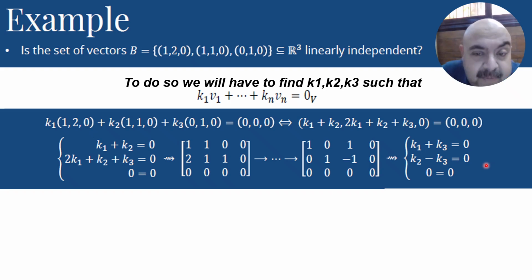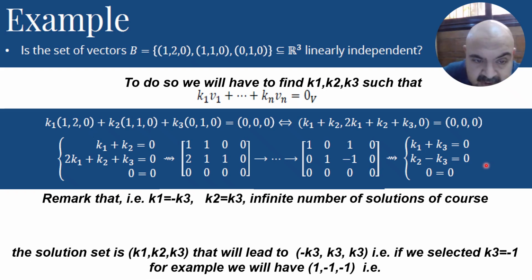So it's a linear relation between these coefficients. K1 and K2 depend on the value of K3. So simply, if I choose K3 to be equal to any number like -1 or something, I will have this combination of coefficients of vectors. So K1 is equal to 1, K2 is equal to -1, and K3 is equal to -1.